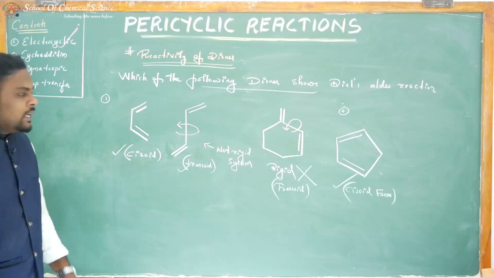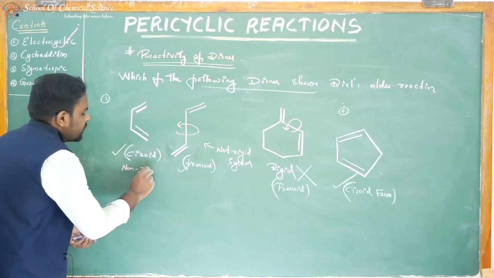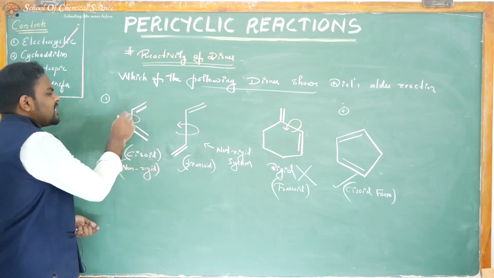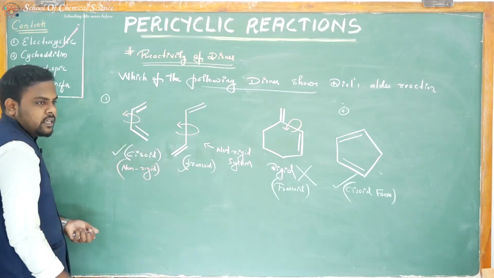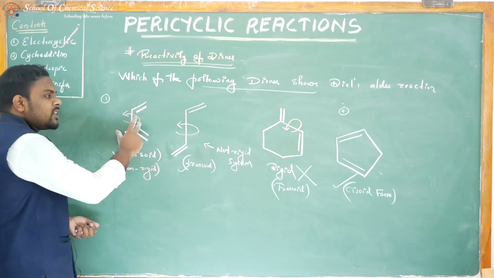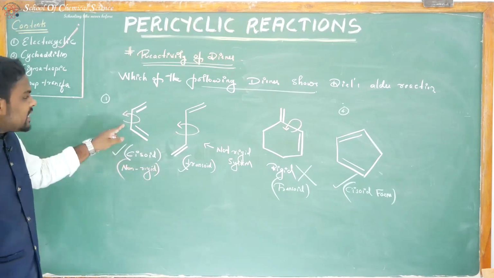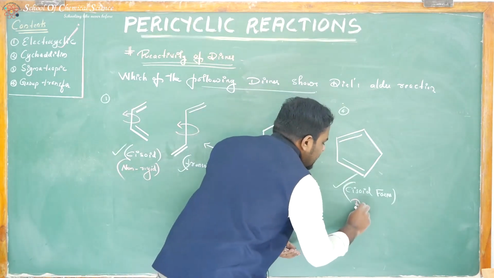The answer is, this first diene is actually a non-rigid system. Here rotation is possible. This cissoid diene may convert into transoid in the very next second, so there is cis-trans isomerization. But this is a rigid system.